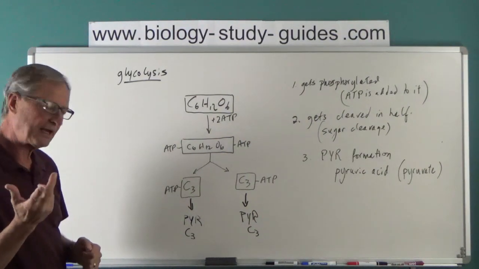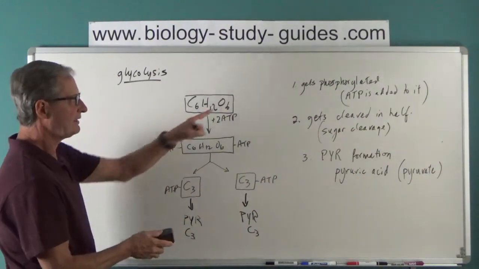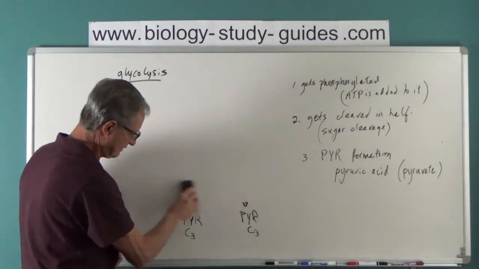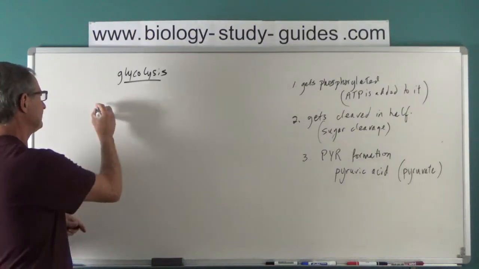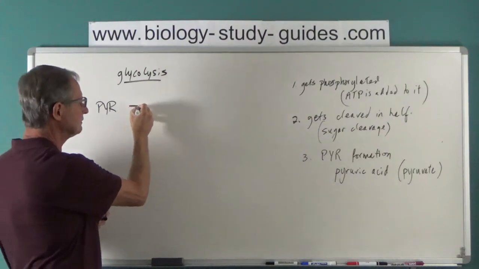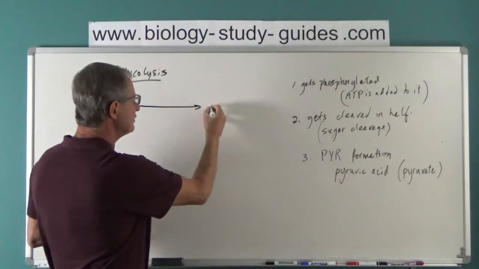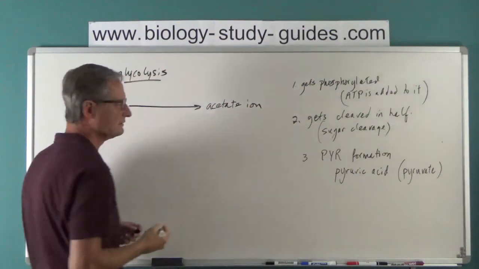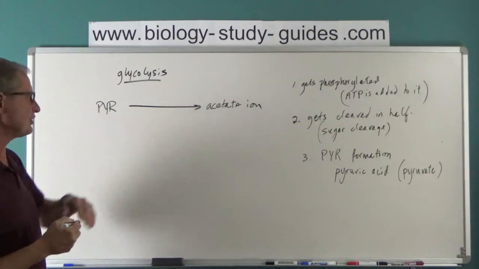I want to go back and look more closely at pyruvic acid too, because we have had this in another video previously. Pyruvic acid is supposed to, if oxygen is available, be converted into an acetate ion. That's what's supposed to happen here, given that oxygen is available.